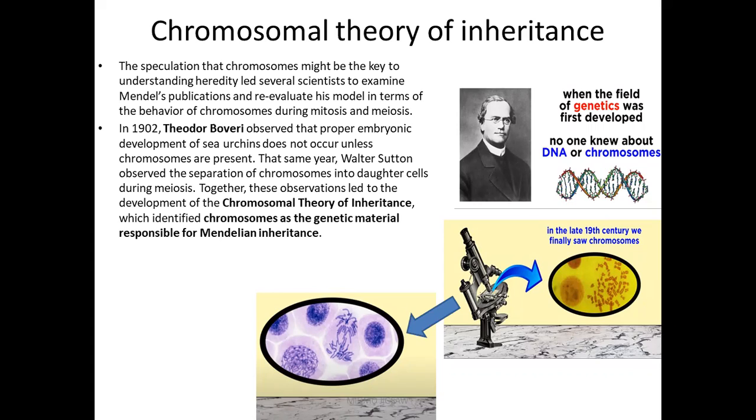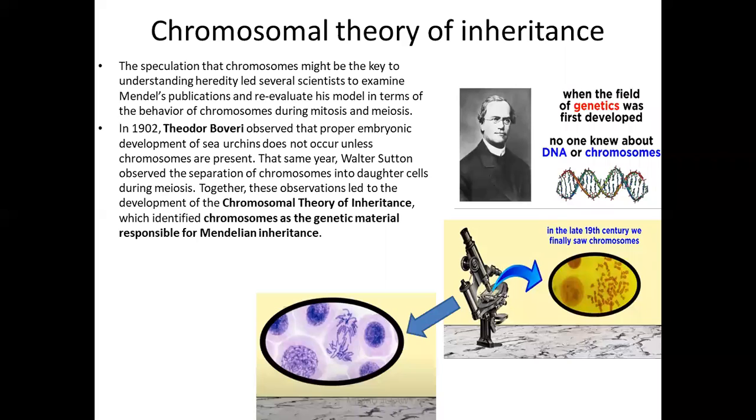And then we also have the man Walter Sutton, an American scientist who observed the behavior of chromosomes during meiosis. He noted that the behavior of these chromosomes during meiosis agreed with Gregor Mendel's second law of inheritance, his second law of heredity.